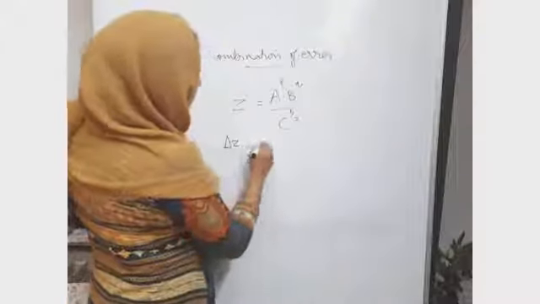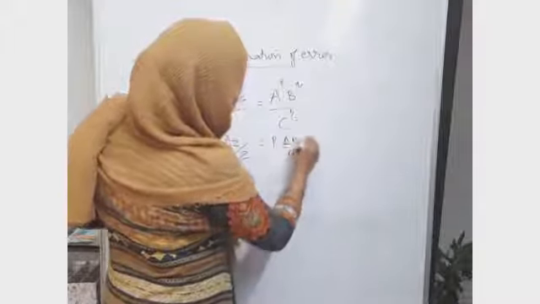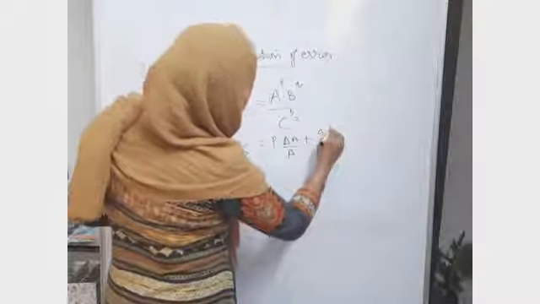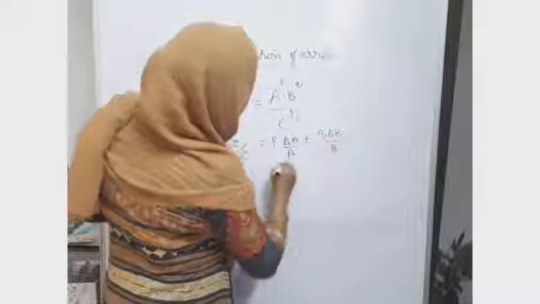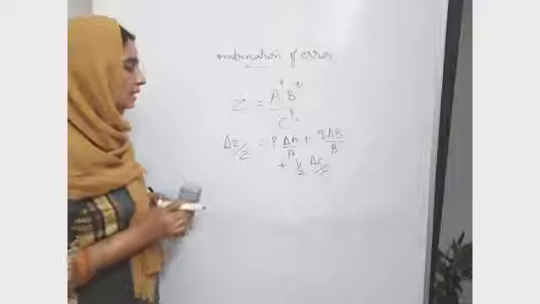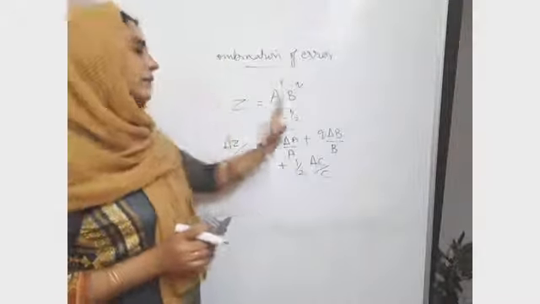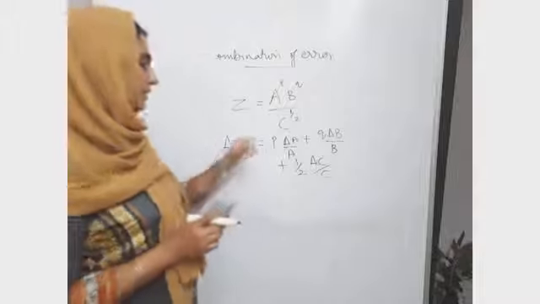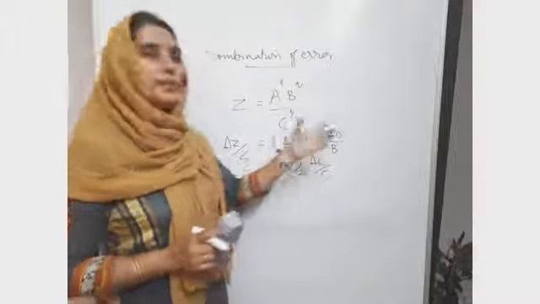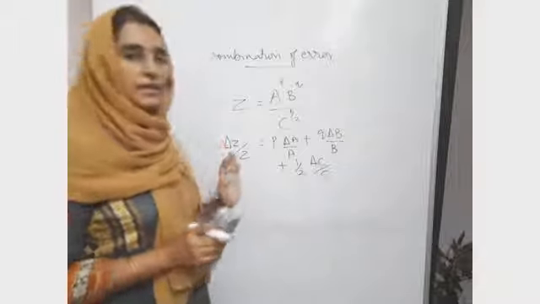Delta Z by Z is equal to P into delta A by A plus Q into delta B by B plus half into delta C by C. When it appears as a combination, it is the power multiplied by the relative error in each term, and you can add them and you will get the error in the final quantity.